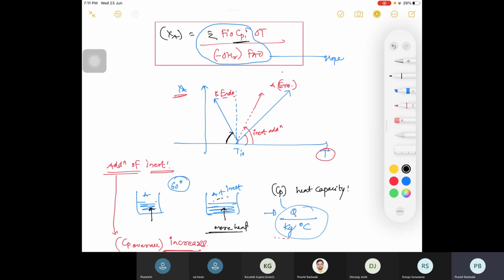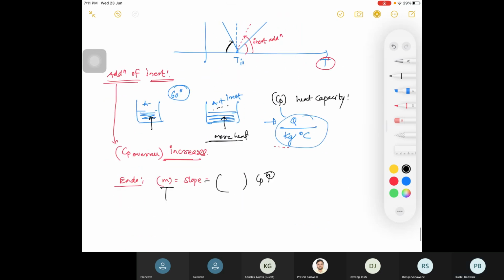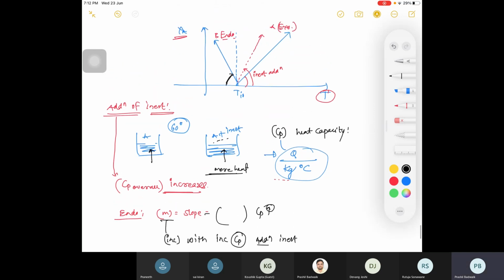Cp इंक्रीज करेंगे तो तुम्हारा स्लोप इंक्रीज होगा, राइट? So slope increases with increase in Cp value by addition of inerts. तो क्या होगा? Suppose if it is this black one, so your slope will increase and it is up now this value, black one. Are you getting?